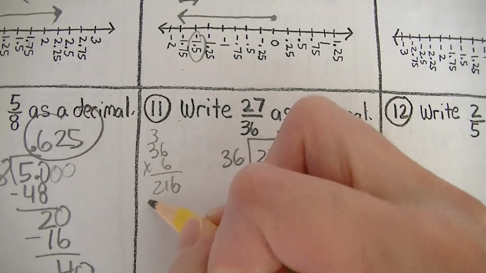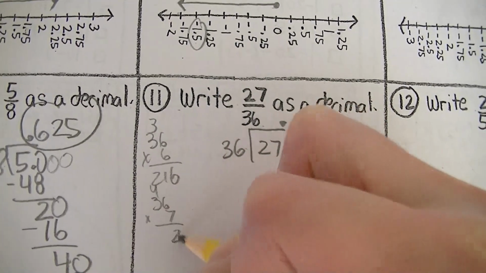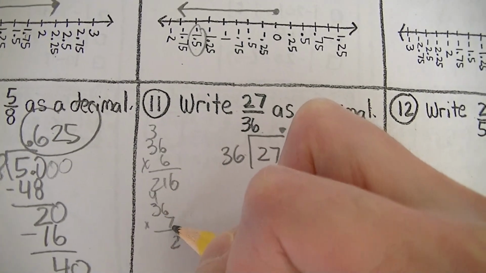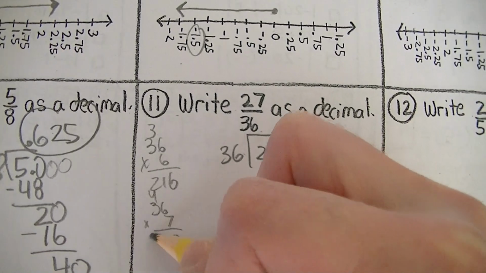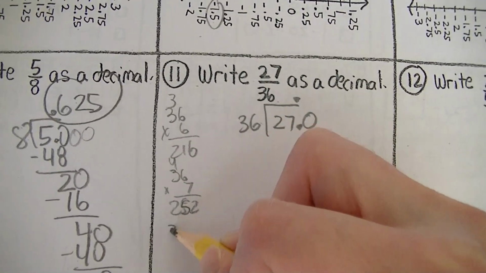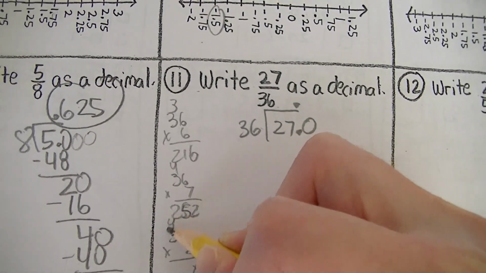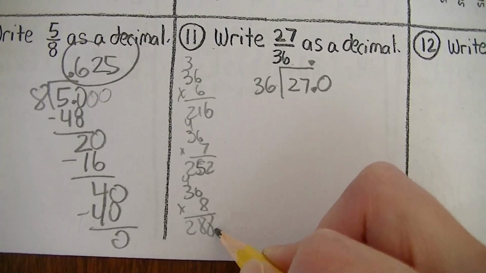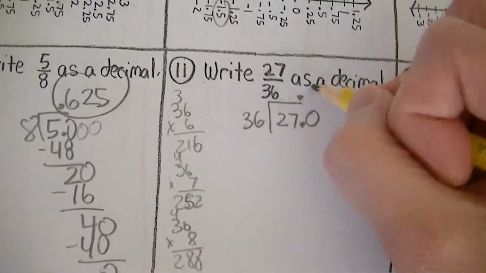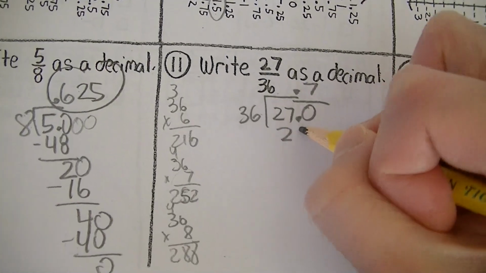Too small, so let's try a little bit higher. 36 times 7. Ooh, 252, a little bit higher, so let's try 36 times 8. 288 is too big, so it's got to be this one right here, so 7. 36 times 7 was 252.